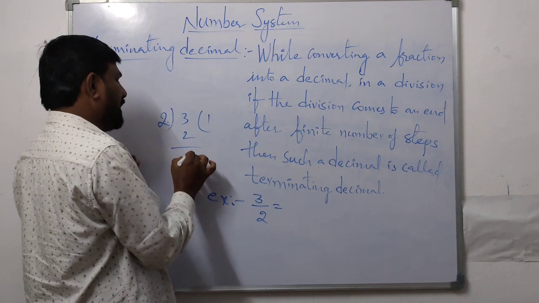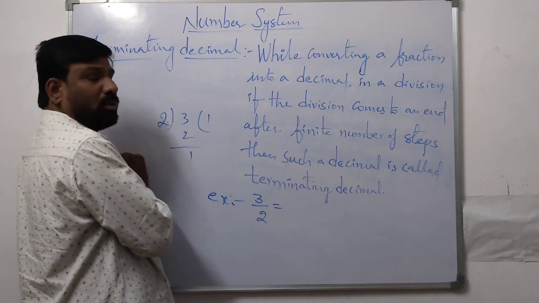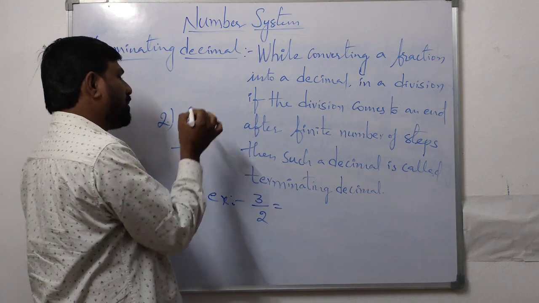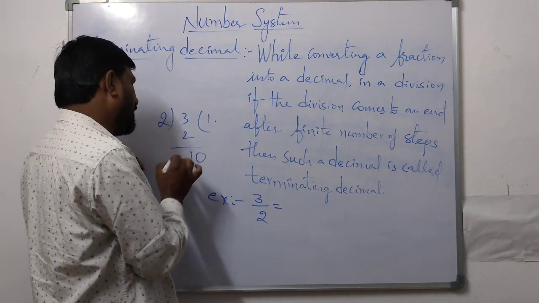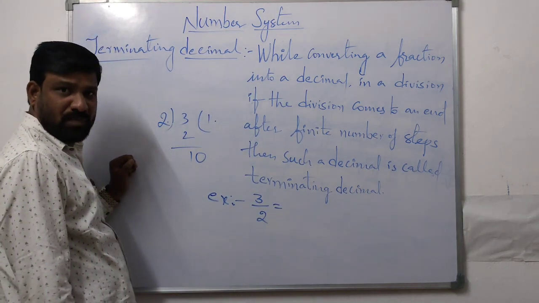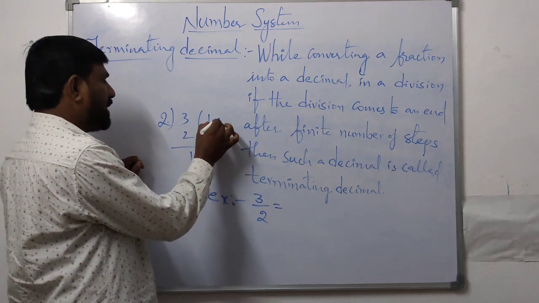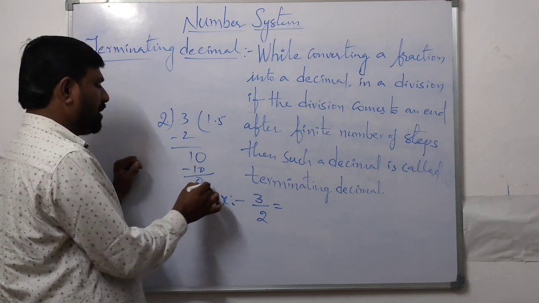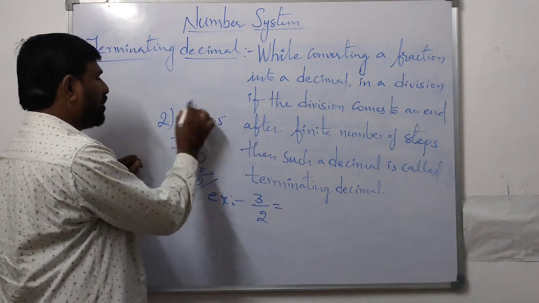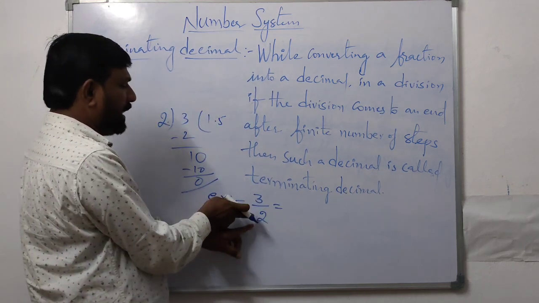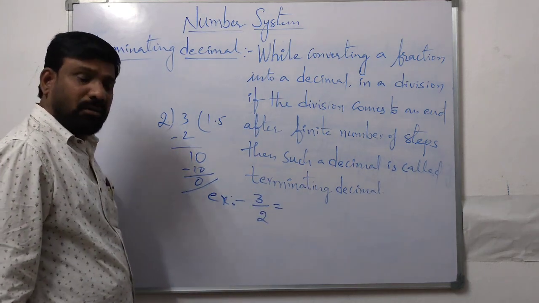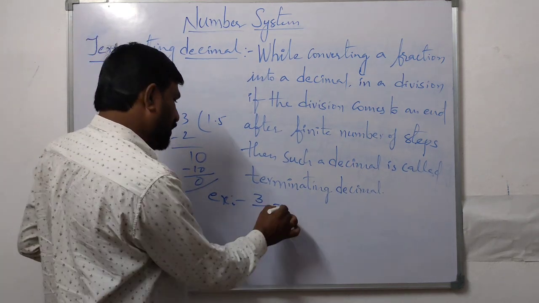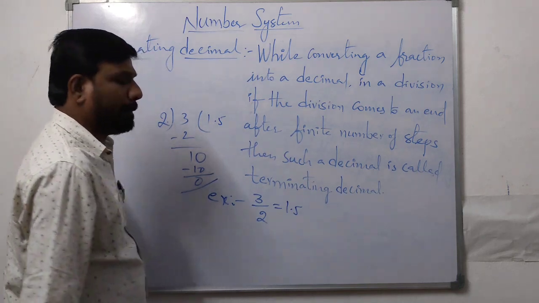So what is the remainder here? 1. 1 will not go, so if you put the decimal point here, you can take 0 as the new dividend. So 2 5s are 10. So what will you get as remainder? 0, no? So whenever you do the division of 3 with 2, you will get the answer as 1.5.